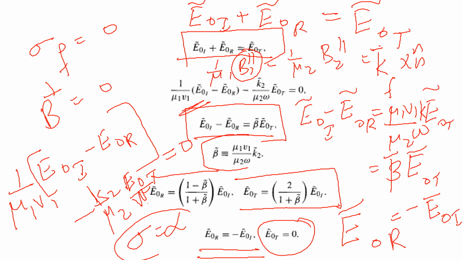There is no transmitted component for this. And the negative sign means it reflects completely with a 180-degree phase shift. So this explains why excellent conducting materials make good mirrors.